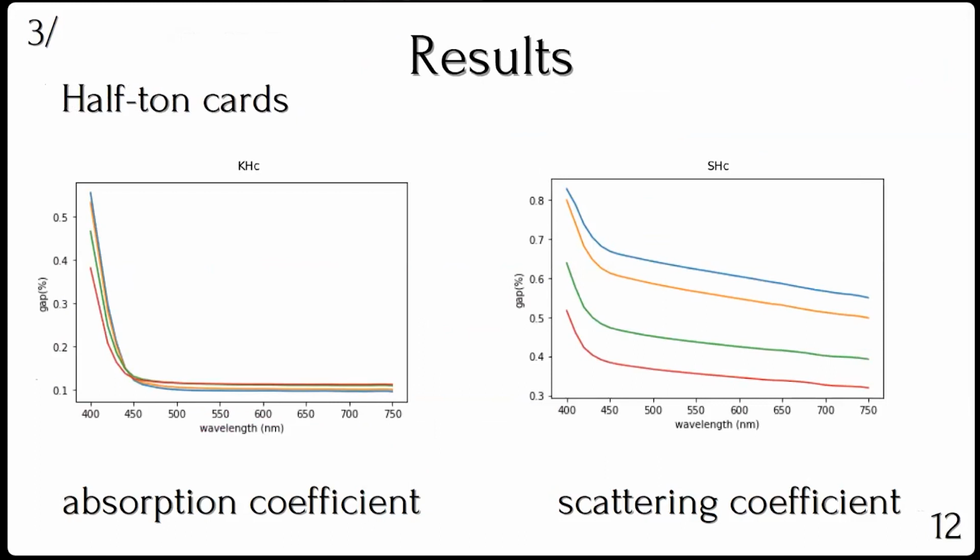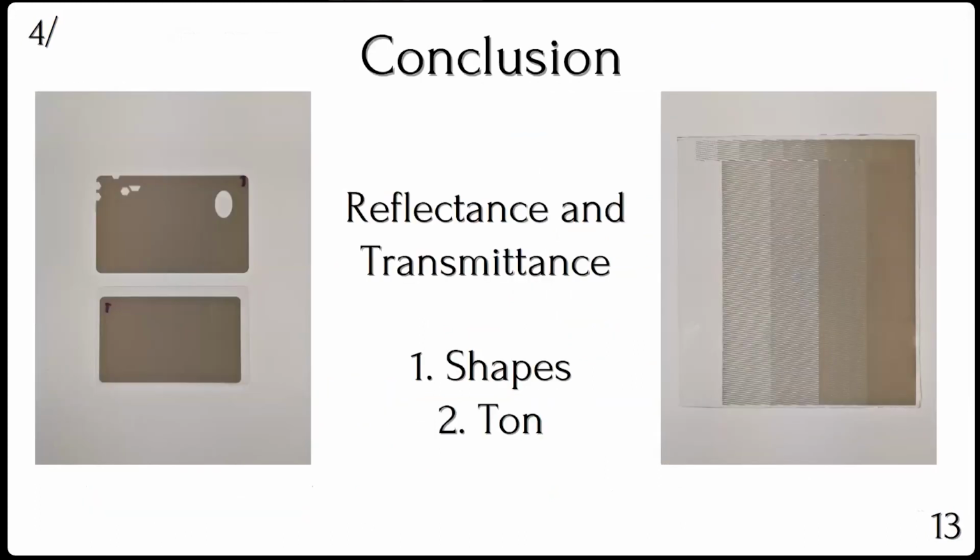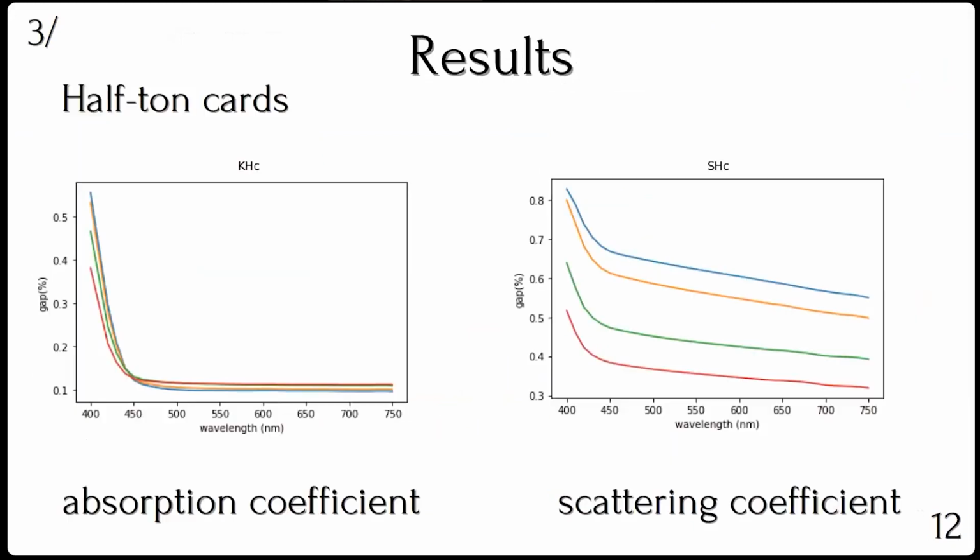We can use this in an identity document to identify if documents are false or true, because by changing the half-tone, so the percentage of white ink in cards, and by changing the shape, because if it's transparent, the transmittance will not be the same number.